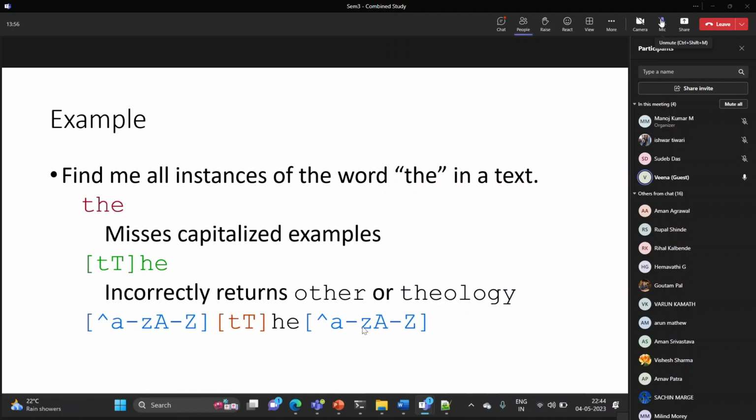Instead of space, they are using this negation option. If we write this, then it will take only the word THE.